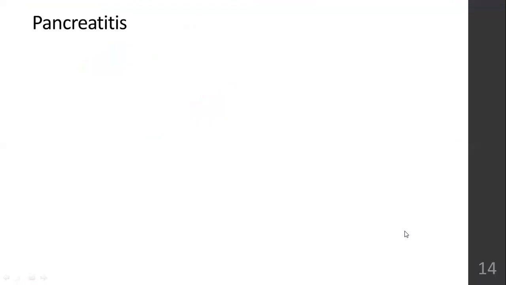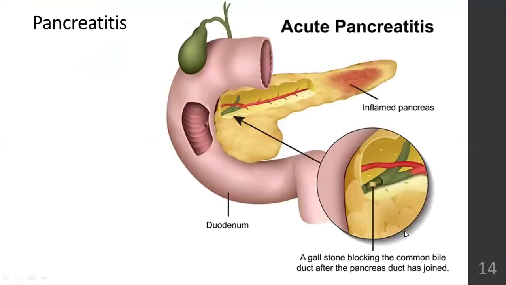So next is pancreatitis, inflammation of the pancreas. You have two types of pancreatitis: acute pancreatitis and chronic pancreatitis. It is again associated with alcoholism. People who have issues with alcoholism largely suffer from pancreatitis as well.